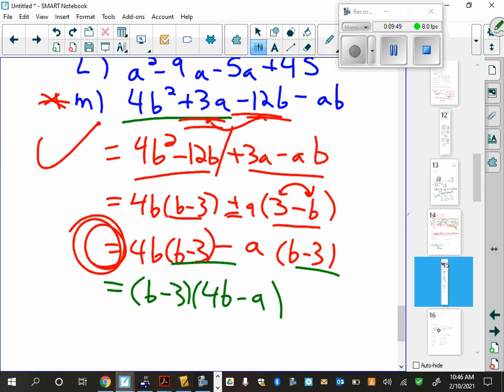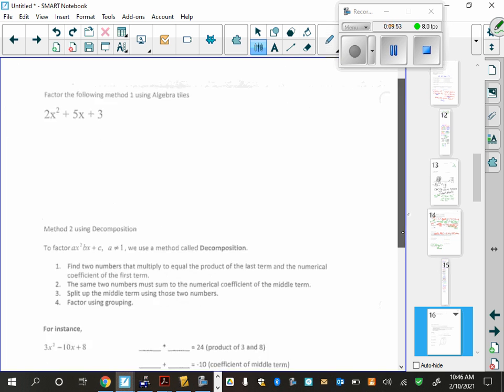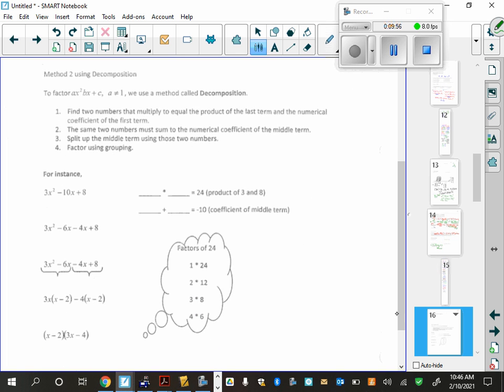Decomp, page 12 in your handout. And we're not going to worry about anything about algetiles. This is decomp.